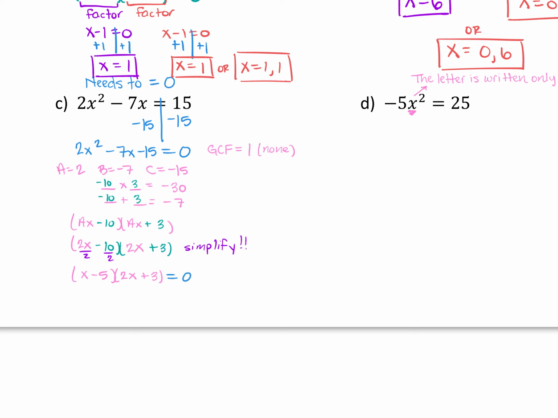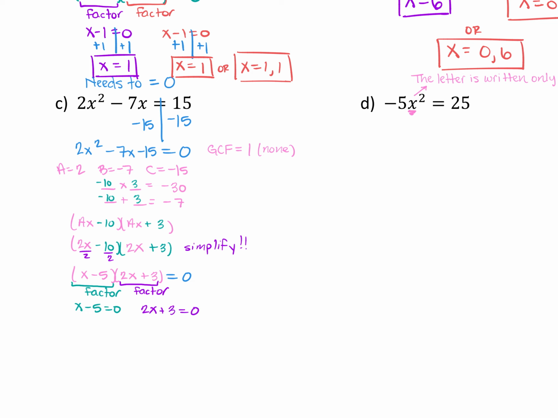Equals 0, which means you need to take the factor of x minus 5 and set it equal to 0. And then you need to take the factor of 2x plus 3 and set that equal to 0. And now to solve this equation, we add 5 to both sides, and that gives us x equals 5.